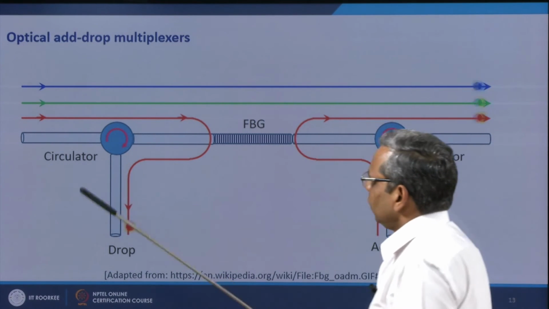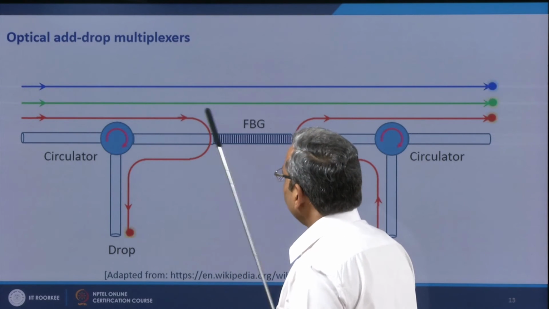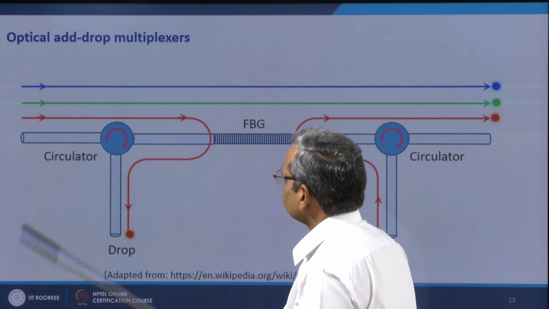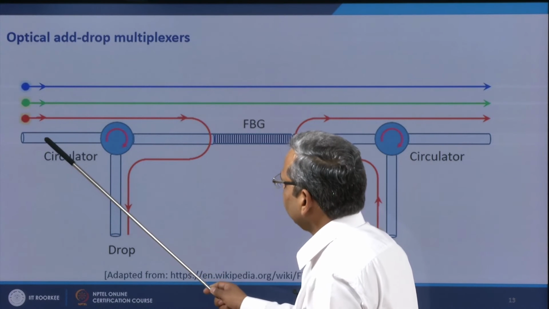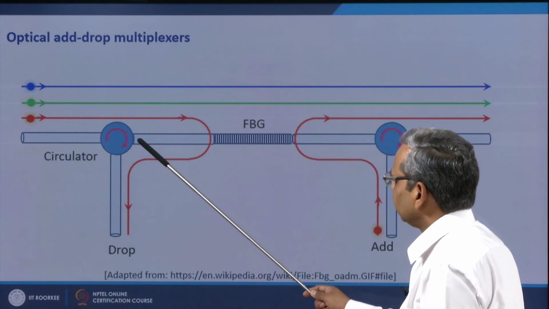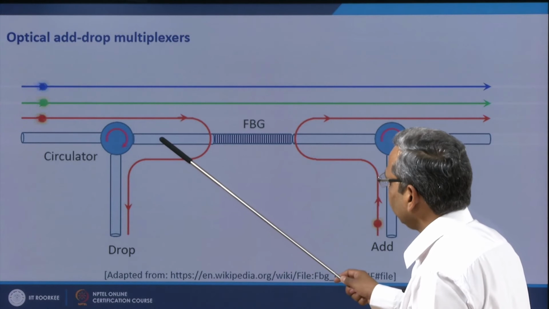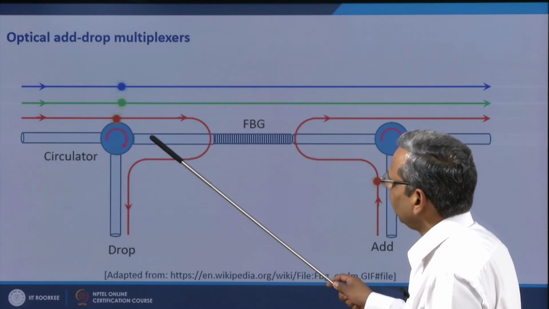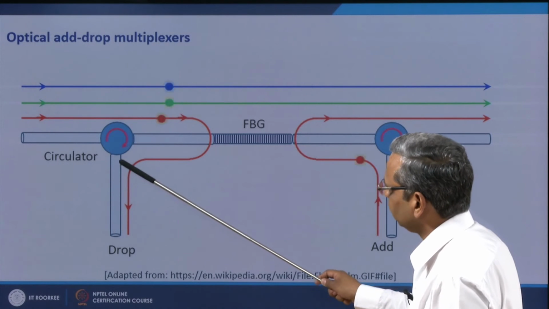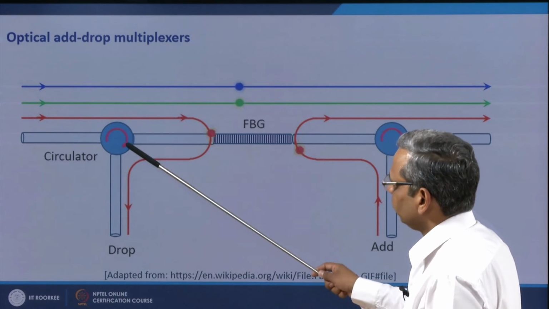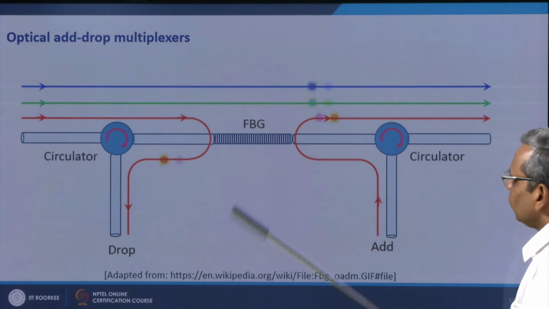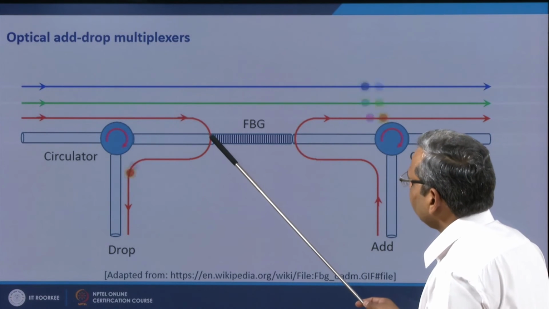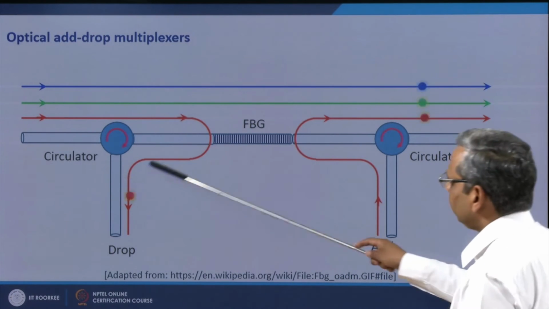So, if the resonance wavelength of this grating is this, then when I launch this light into this fiber, this circulator will let pass this light, but the grating will reflect this light, and this reflected light will be rerouted into this arm with the help of circulator. So, this red wavelength will not be allowed to pass through, it will be dropped.